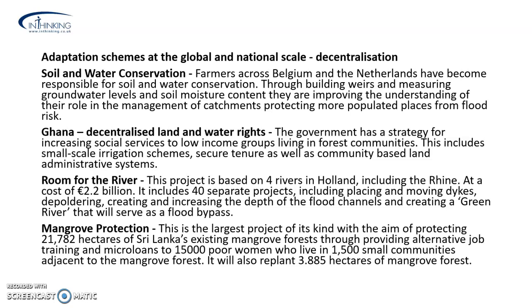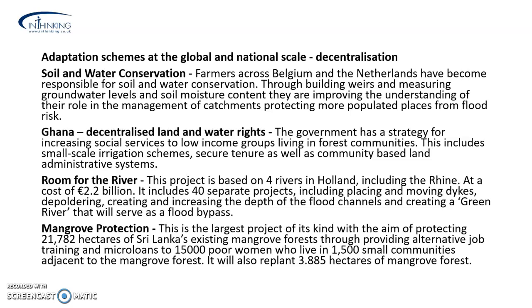But countries need to be adopting their own adaptation schemes. And a key idea here is this idea of decentralization. So moving decision making and design away from big government down to the local level, to the community level. And all of these examples which I'm going to explore here have done that in some way.